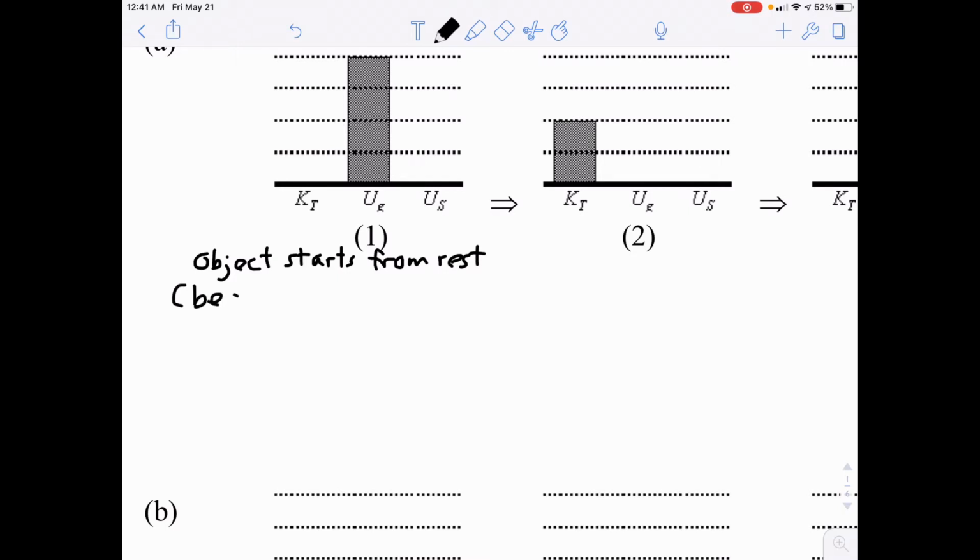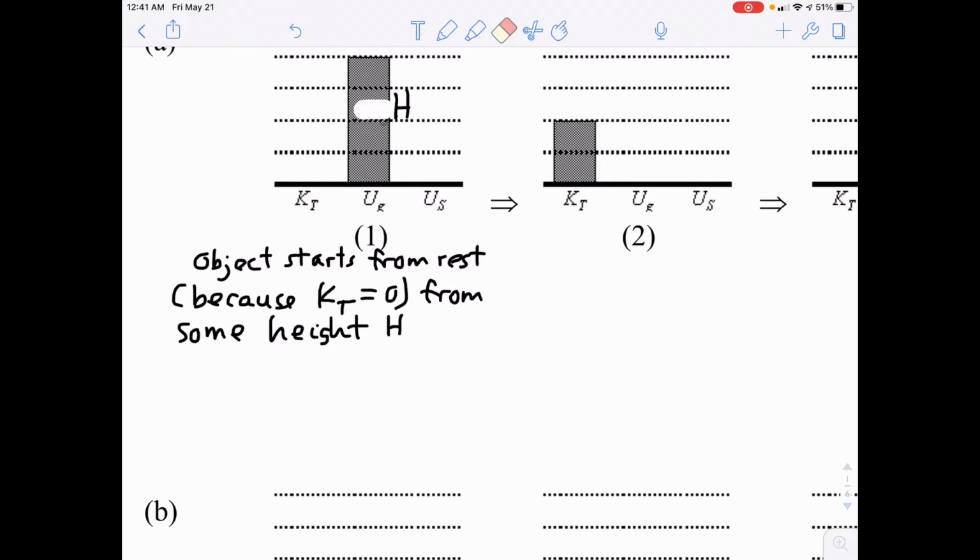How do we know this? Because translational kinetic energy is 0. You can see there's no kinetic energy there. From some height h. Again, we know this because you are starting with 4 units of mgh, gravitational potential energy.